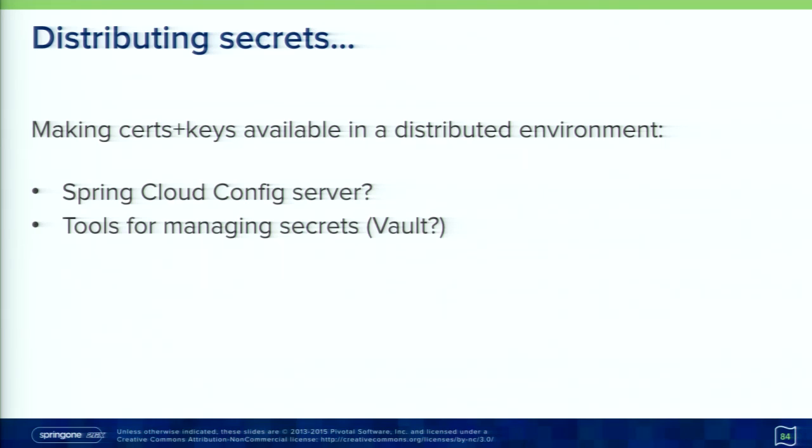But there are probably better ways coming, including in Spring Cloud, with tools that are specific to managing secrets like HashiCorp Vault. That tool is made for dealing with secrets and giving them out for a certain amount of time. So those tools maybe will help us deal with certificates without just copying and pasting everywhere in our repositories and in our infrastructure.